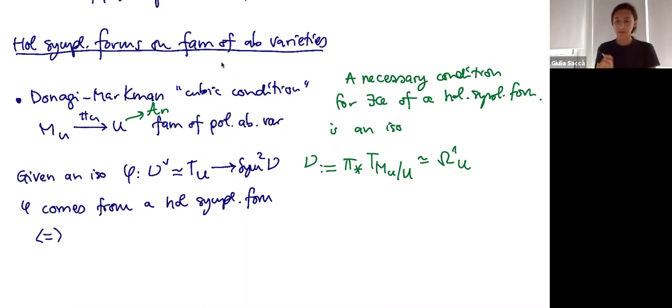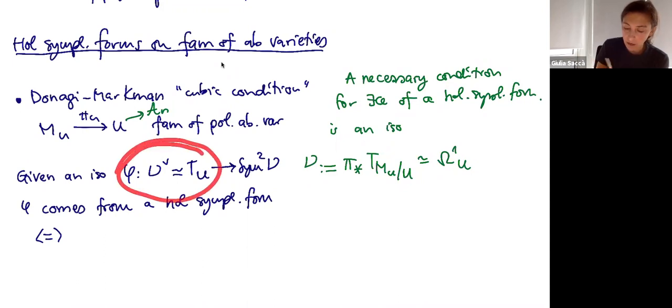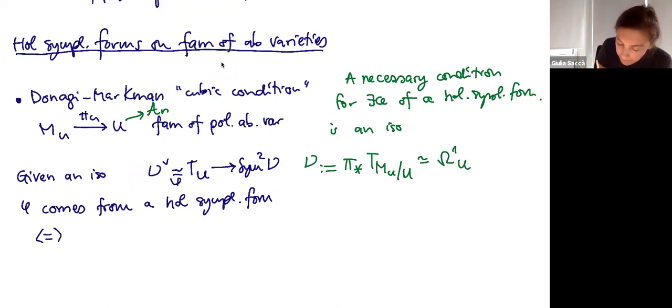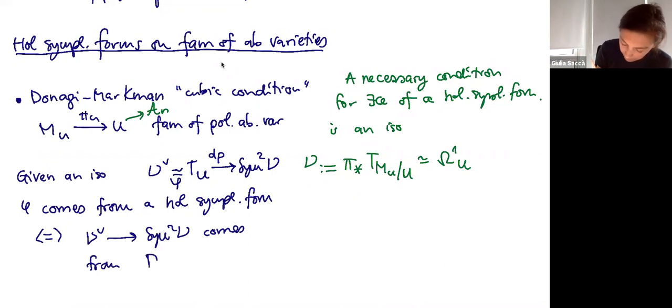Okay, and this is where you need the polarization. And so the claim is that this isomorphism comes from a holomorphic symplectic form if and only if the composition of this map to Sym2 of V comes from a section in Sym3 of the tangent bundle.